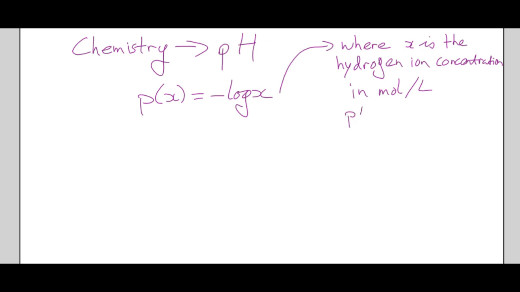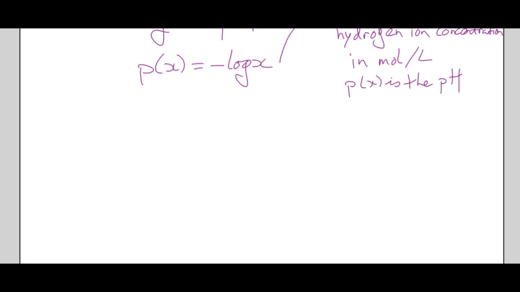What does pH stand for? The power of hydrogen, right? You didn't know that? Embarrassing. Math teacher has to tell you what pH stands for. It's about hydrogen ion concentration.